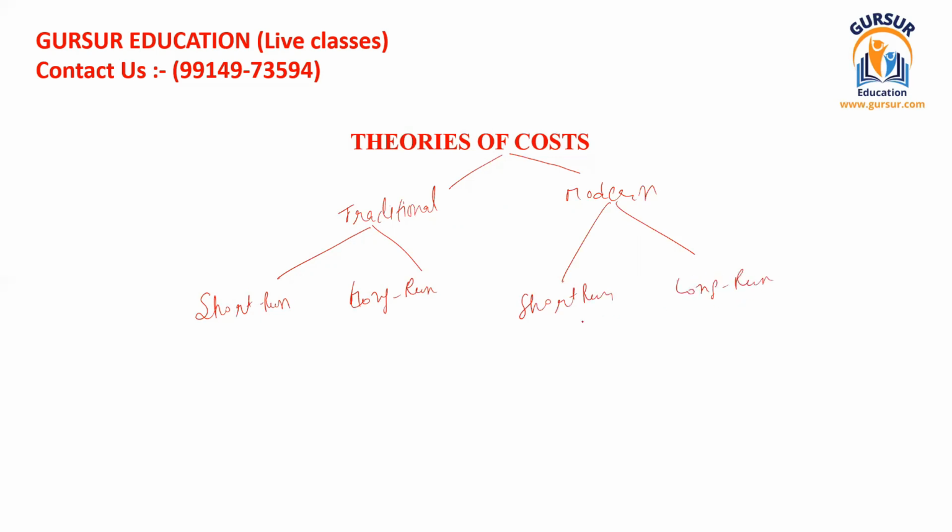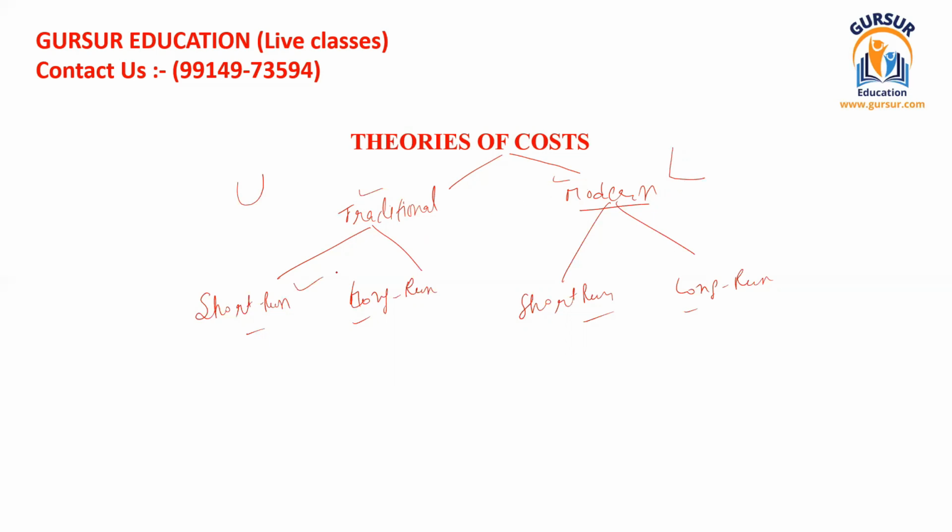The only difference between the traditional and the modern theories is this, that the traditional theories assume that the cost curves are usually U-shaped, but the modern theories assume that the cost curves are usually L-shaped. So this is the only difference.